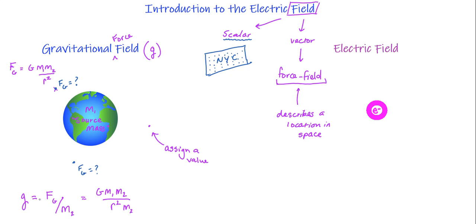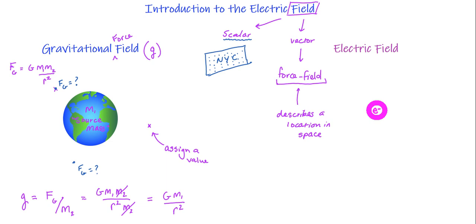Again, what we're saying is that the gravitational force field describes how much gravitational force would be exerted if I place an object here of X number of kilograms of mass, or per kilogram of mass. So when I substitute the equations in, the M2s both cancel out, and I'm left with the equation G times M1 over r squared.